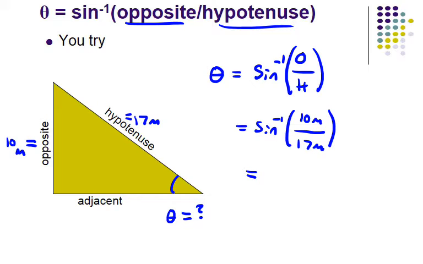So when you do this in your calculator, at least if you have a graphing calculator, hit second sine, and then you can put 10 divided by 17 and close the parentheses. And so it has that inverse sine symbol that you have there. And in this case, the angle comes out to be 36.03 degrees. So that's the actual angle of this portion of the triangle here.